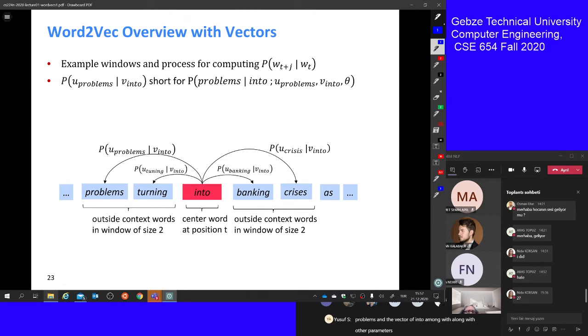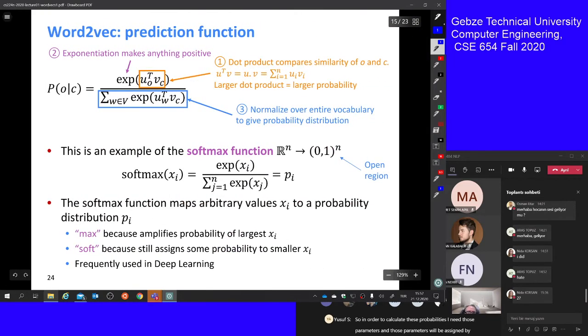In order to calculate these probabilities, I need those parameters, and those parameters will be assigned by myself. This explains what I have told you so far, the central idea inside this one. The dot product compares the similarity of the center word and the context word. Larger dot product, larger probability. That's the same idea. A larger dot product means that the angle between the vectors of these two is smaller. Second, this exponential makes everything positive.